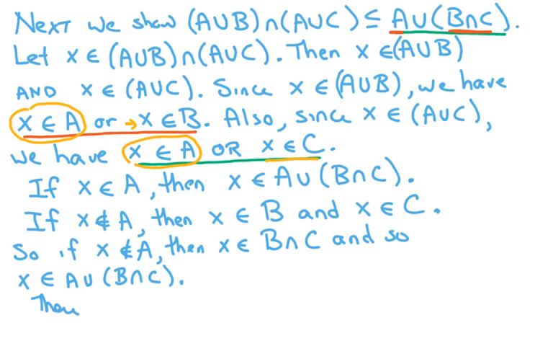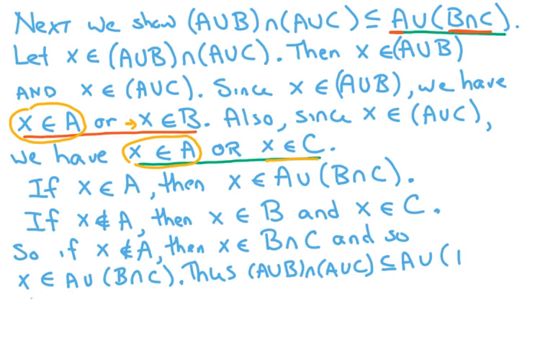Therefore, well, let's say, thus, (A union B) intersect (A union C) is a subset of A union (B intersect C). Now I can say therefore, because we've shown both directions, these two sets are equal.